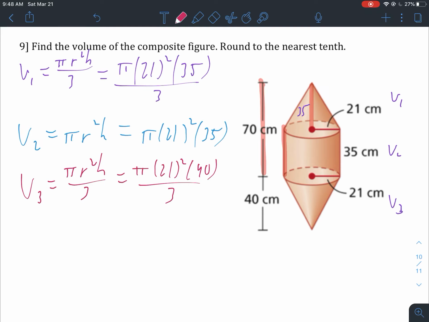And I'm getting the final answer, which hopefully I typed in correctly, 83,126.5.